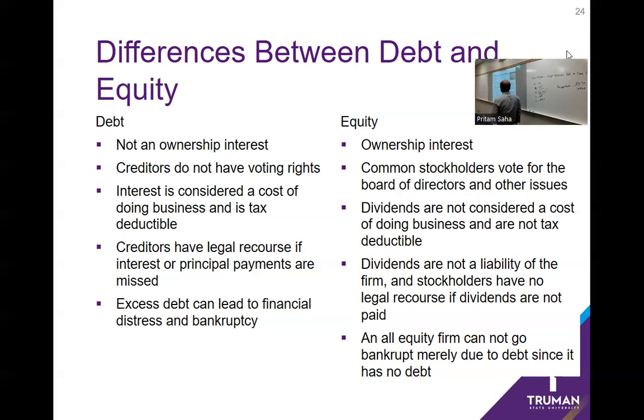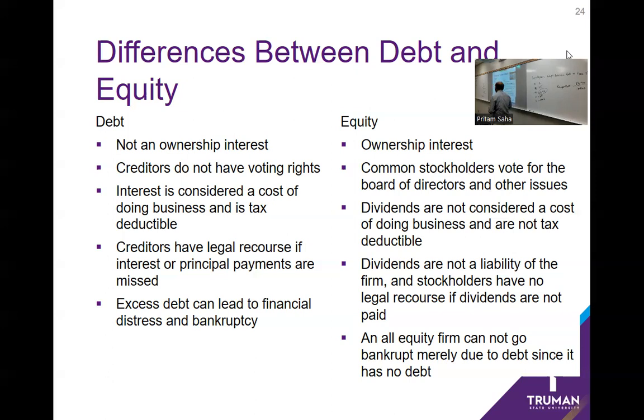Excess debt can lead to financial distress and bankruptcy. And an all-equity firm cannot go bankrupt merely due to debt, since it has no debt. So basically, if you have a lot of debt, that can lead you to bankruptcy because debt comes with interest payment. If you are not able to pay the interest payment, they can file bankruptcy, which is not true for equity holders.